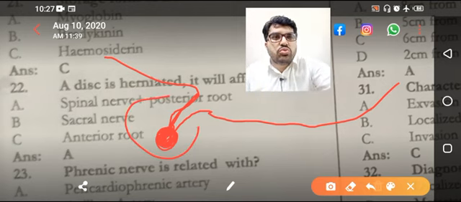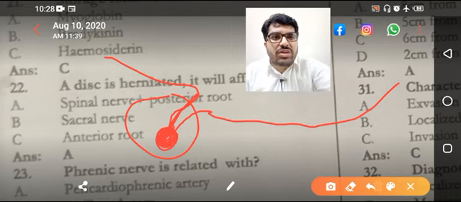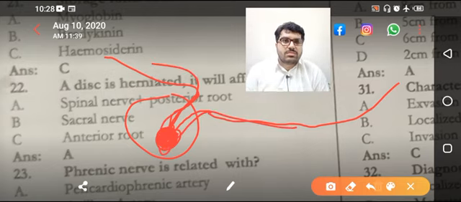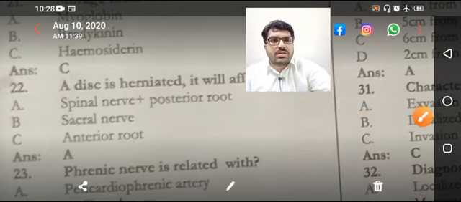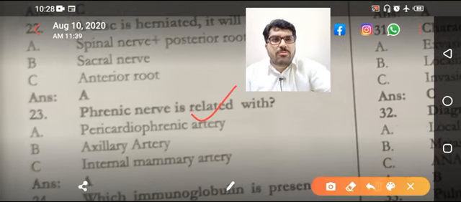So these are pseudo-unipolar neurons, so they have no synapse over here. This is a continuation of the same neuron. Phrenic nerve is related with the pericardiophrenic artery.